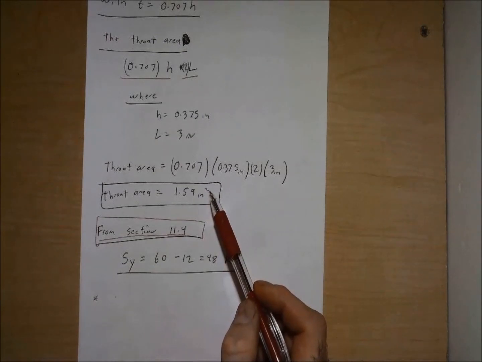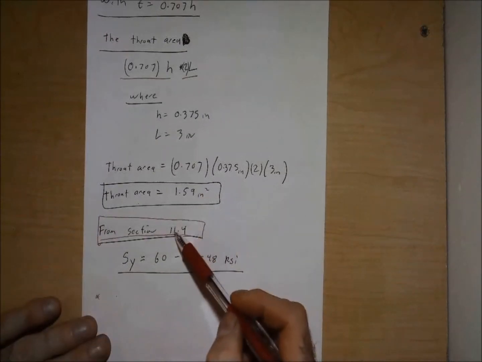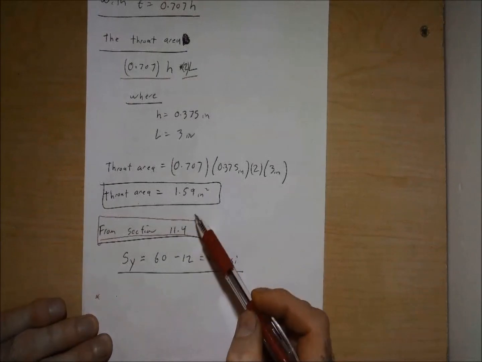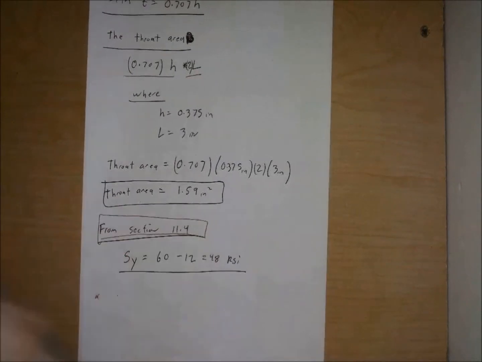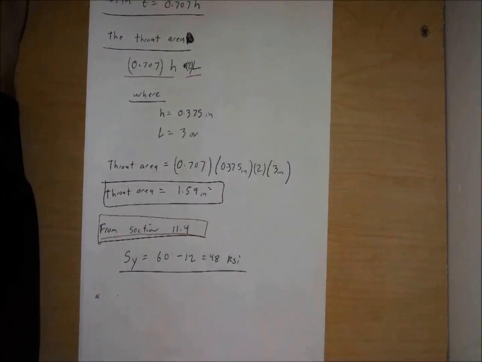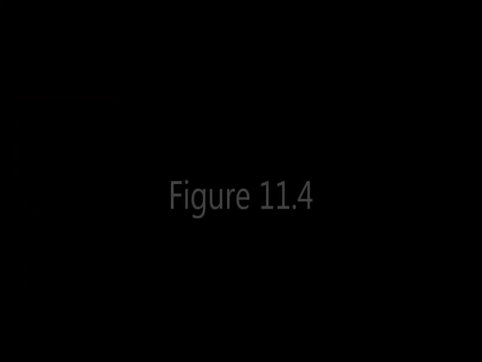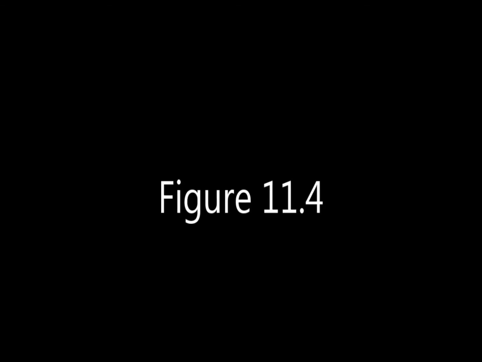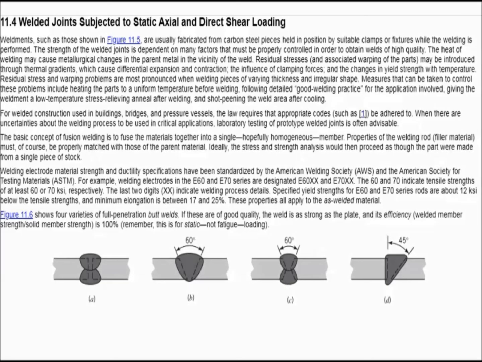We're going to go back to section 11.4 in our textbook in order to come up with this relationship. This is welded joints subjected to static, axial, and direct shear loading.